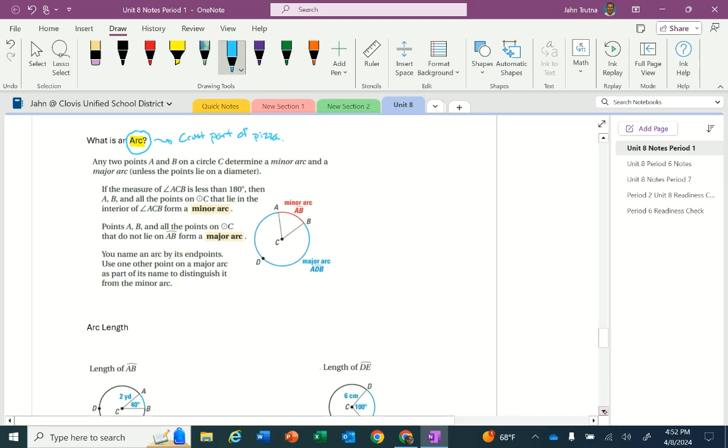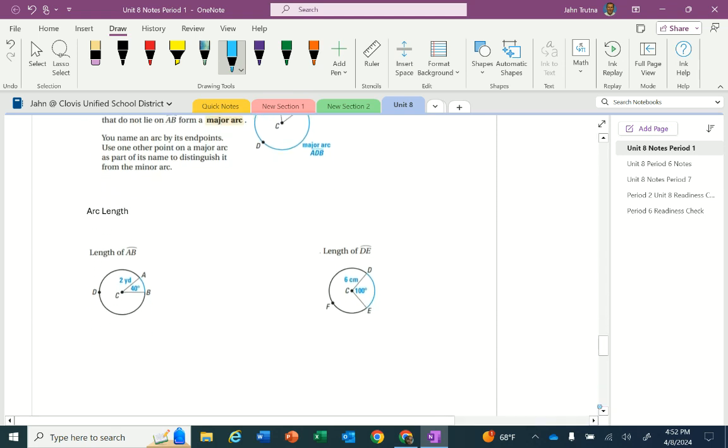And what we're going to do is go over how you find arc length of a pizza, or of a circle, excuse me. I got pizza on my mind. In other words, what is the length of a piece of crust on a pizza? The way that you find that is there's a very specific formula.